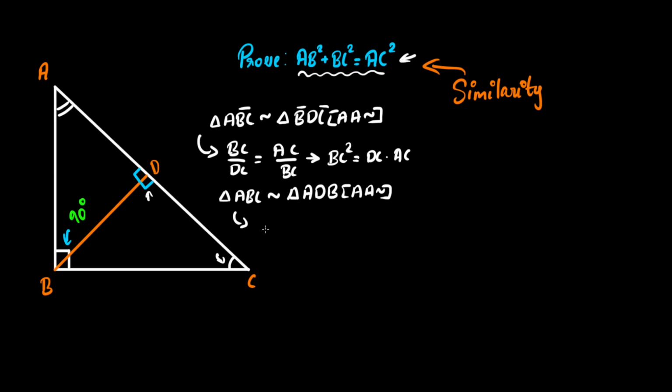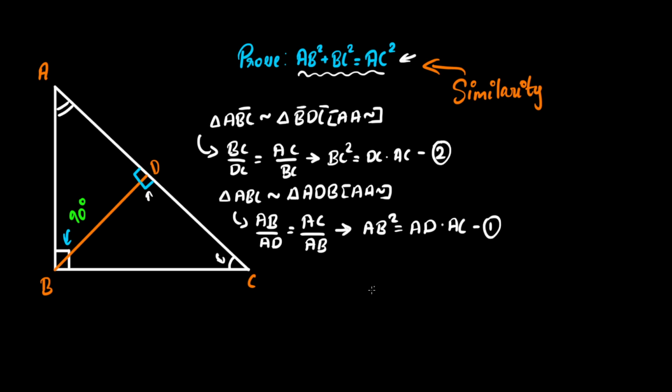From that I can find that AB by AD is equal to AC by AB. Just rearranging, I'll find that AB squared is equal to AD times AC. I'll put this as equation 1 and this as equation 2.